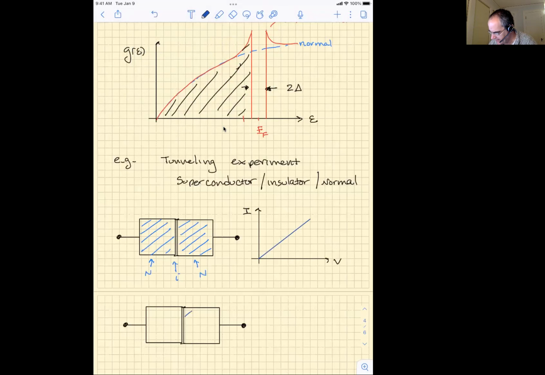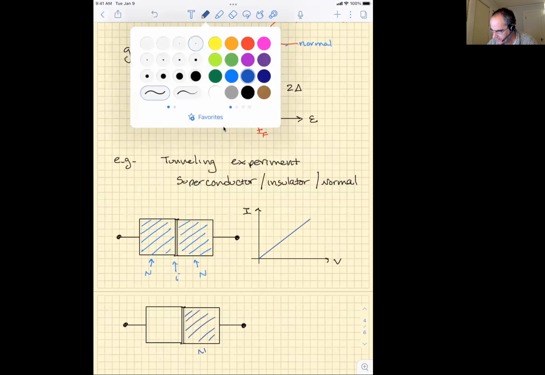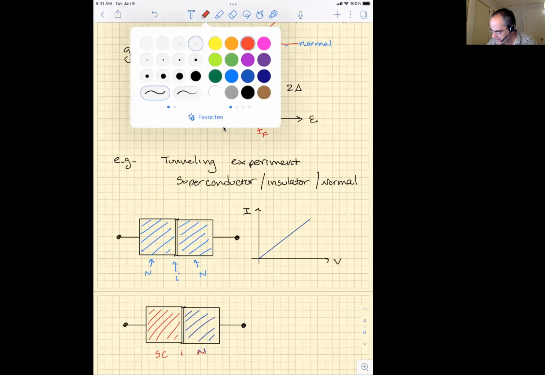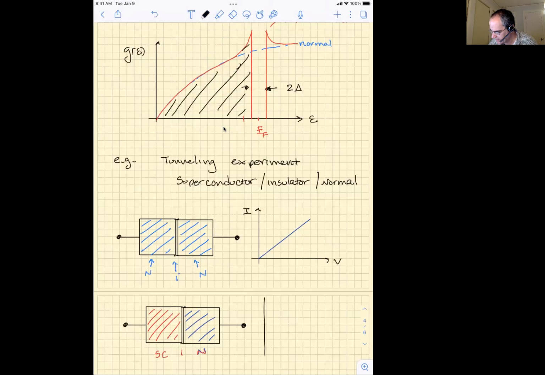What's interesting is what happens if we replace this by a superconducting, insulating, normal system. Suppose the right-hand side here is the superconductor, and then we have an insulating gap, and then normal material. In this case, the current-voltage characteristic looks quite different.